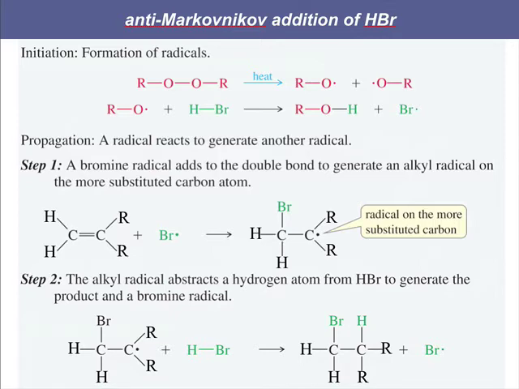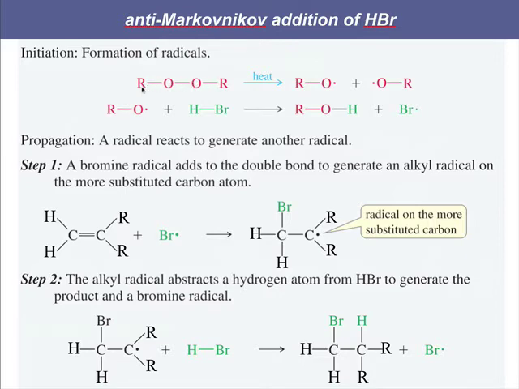And like our free radical chain reaction, it follows a predictable series of steps. The first one being initiation. So in the first step, our H2O2, hydrogen peroxide, is split into two radicals. Now, here they're using a generic peroxide.